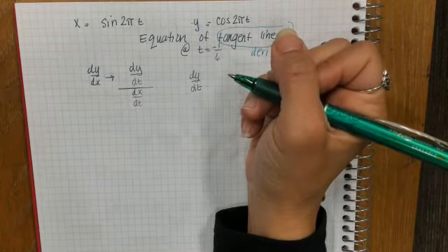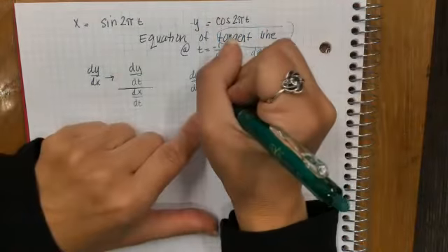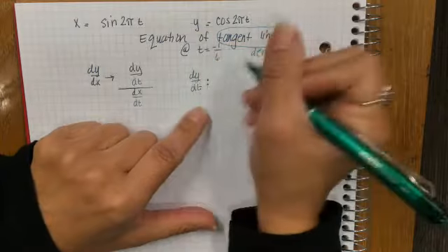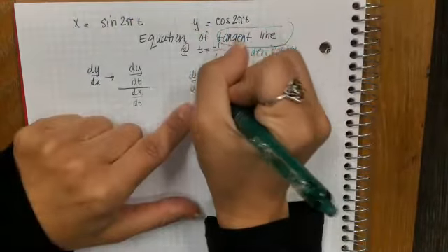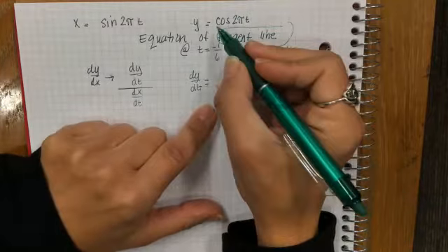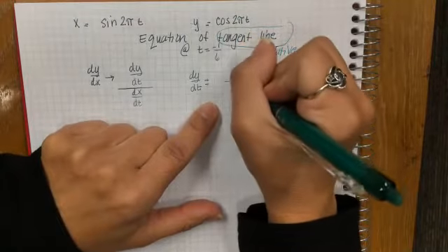So the derivative of y with respect to t: the derivative of cosine is negative sine.